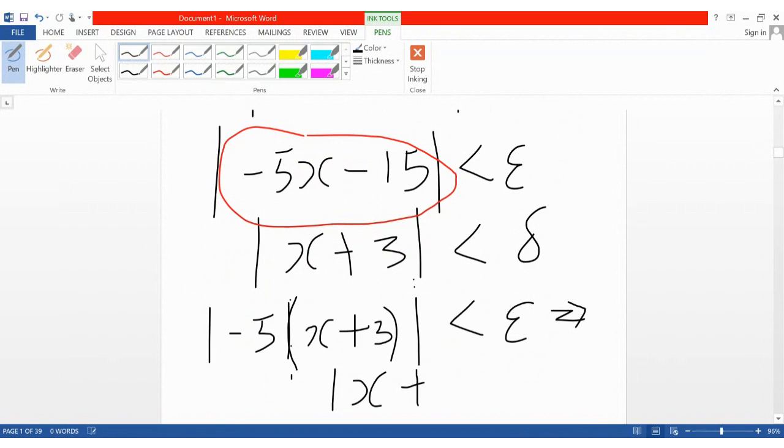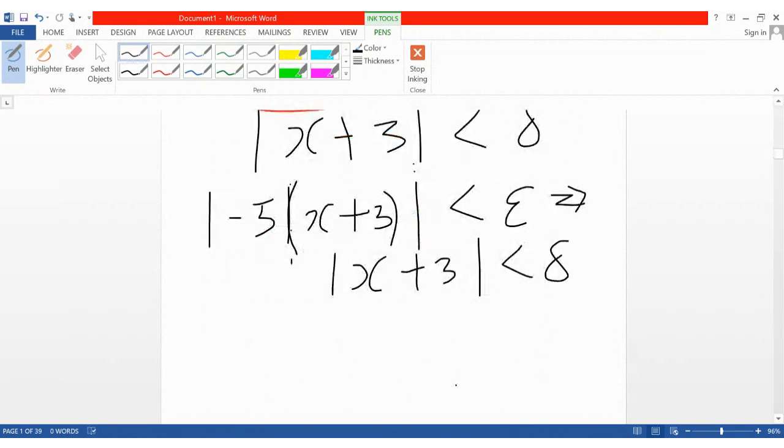The delta gives us plus 3, so you cannot have a minus 3 here. So from there, we can distribute the magnitude: the magnitude of negative 5 times the magnitude of x plus 3 is less than epsilon whenever x plus 3 is less than delta.